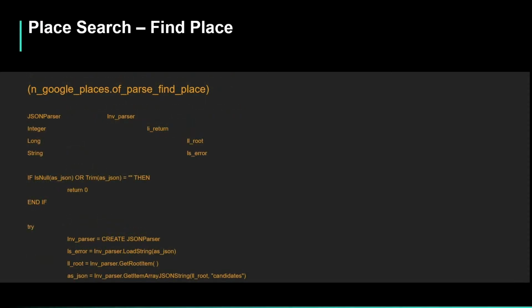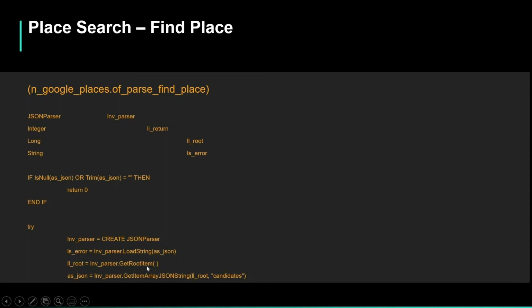And we'll show the parse of the find place, and so we're declaring a JSON parser and some other variables. If there's anything wrong with the JSON, if it's null or if it's an empty string, then we'll just return a 0. And then we create the JSON parser. We load our JSON string.